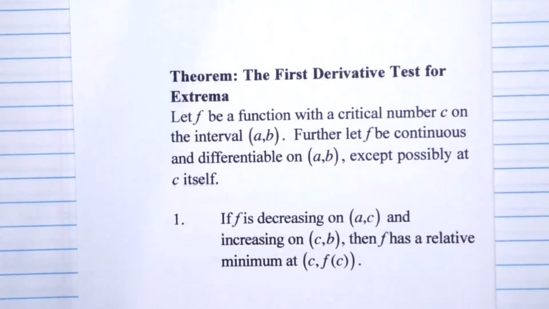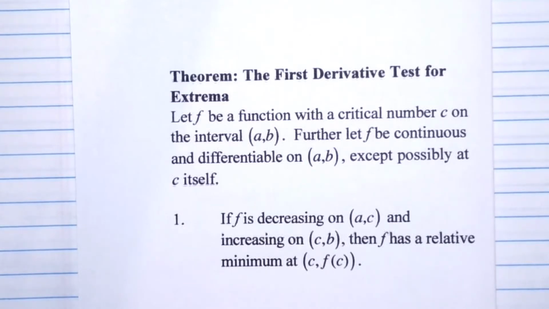At the critical number, you might have a cusp, and that's okay. You could even have a discontinuity as long as the function is defined at c.